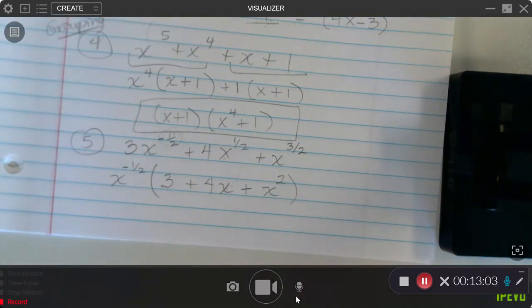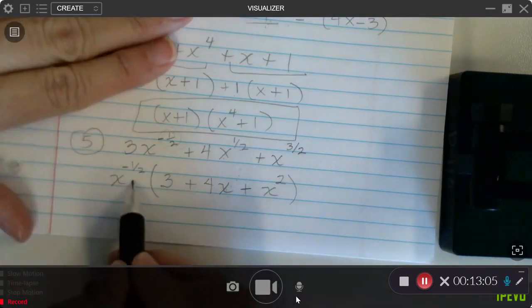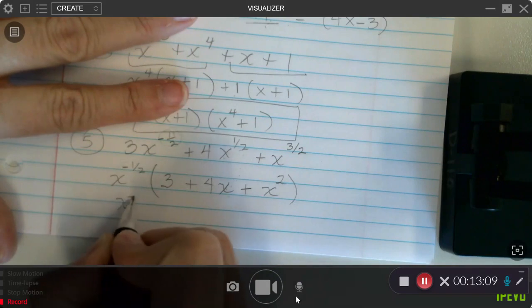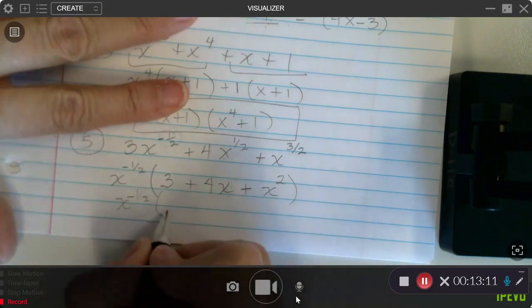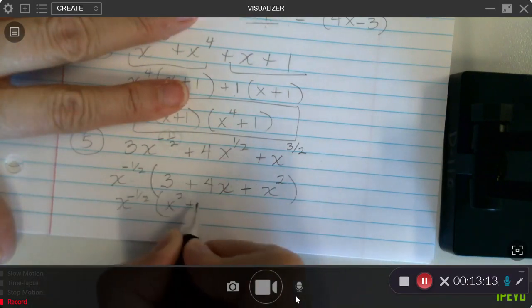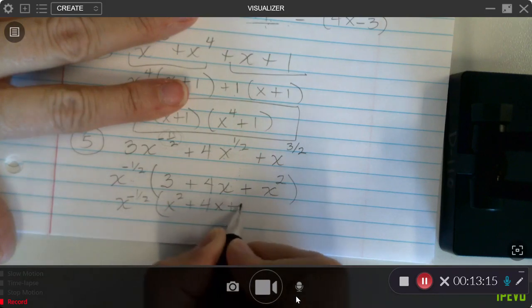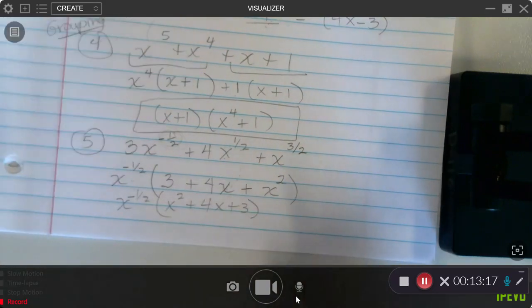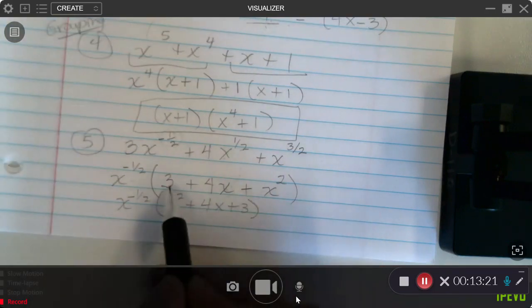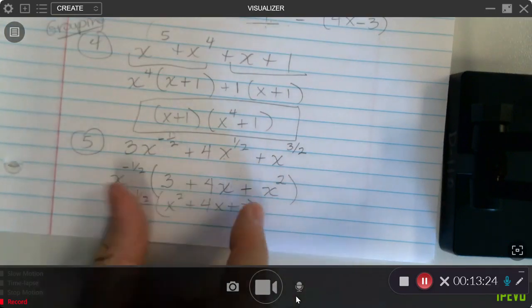So now, once we got rid of the ugly negative exponent, I'm going to go ahead and switch it around, because for some reason I have a master's degree in math, and I just hate trying to factor with them written this way.